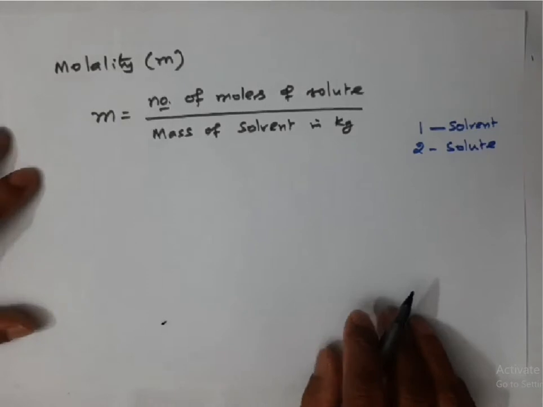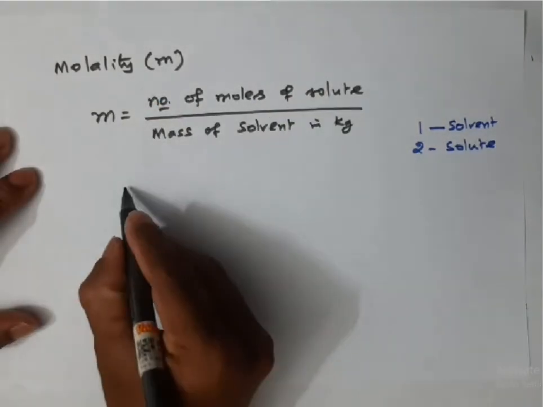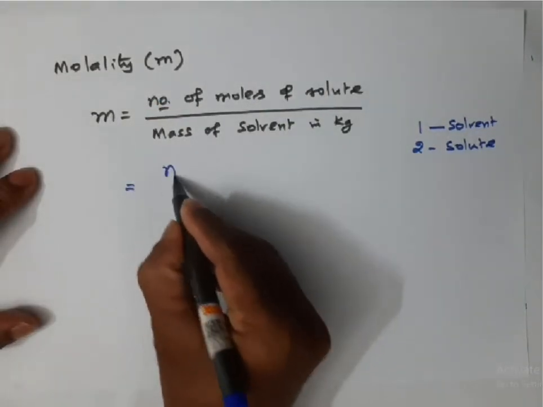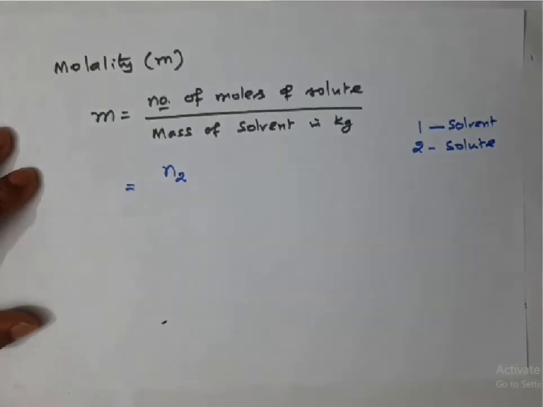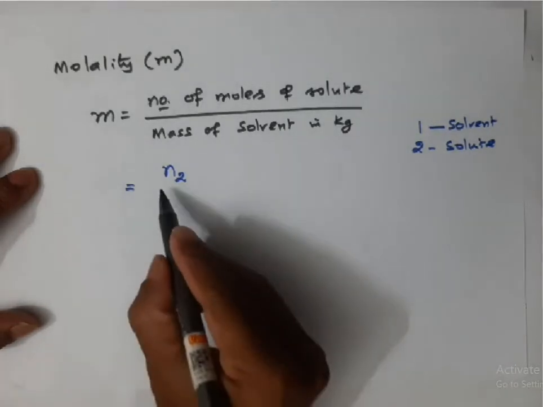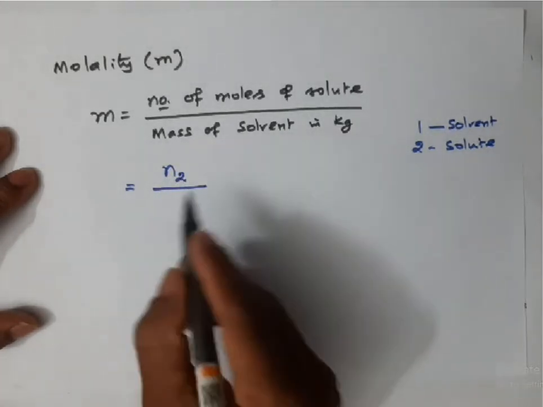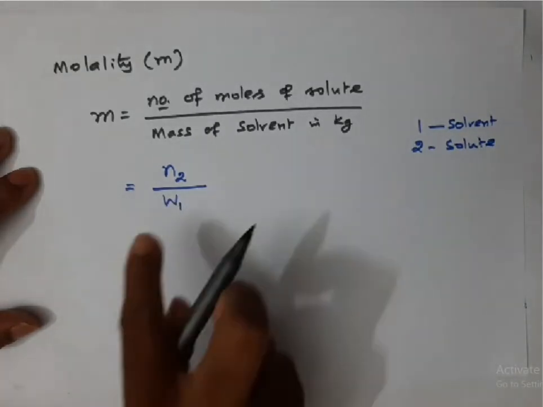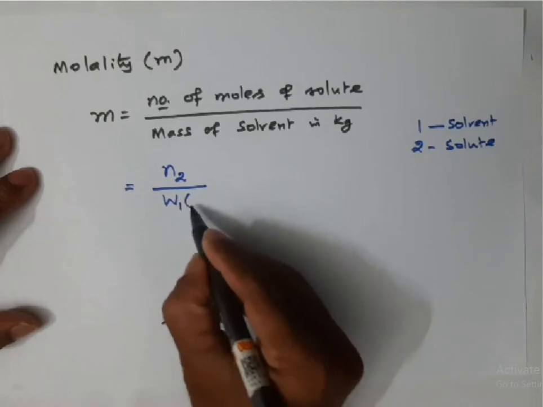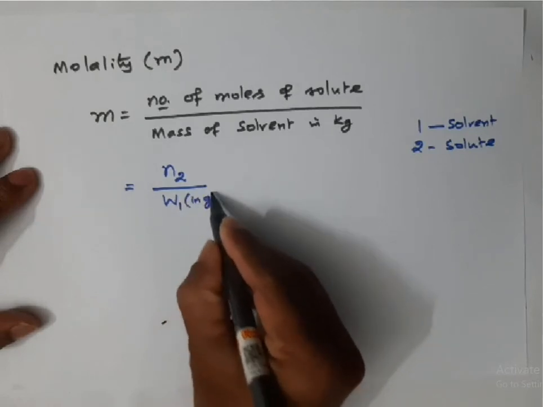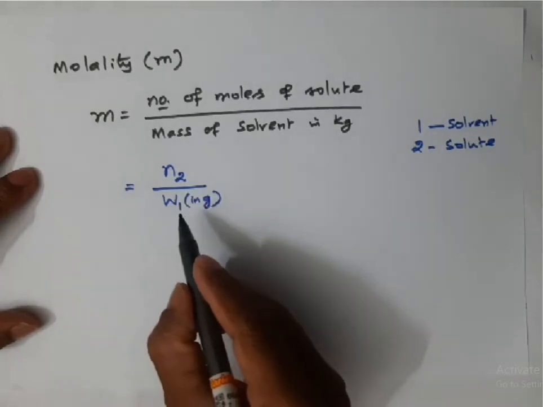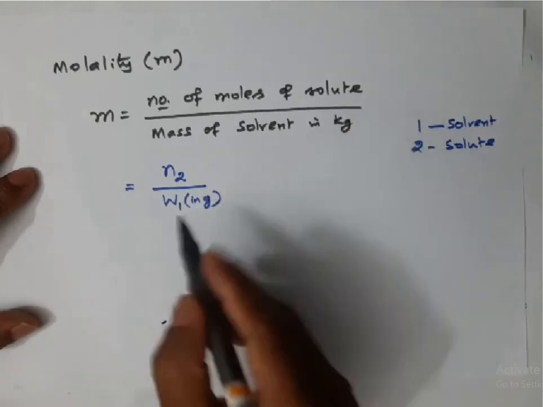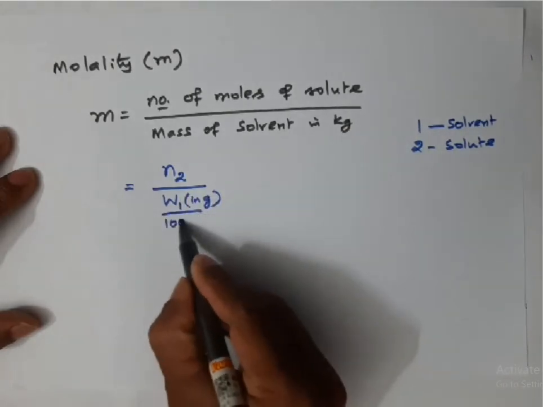So number of moles of solute can be written shortly as N2, divided by mass of solvent. I'll write mass of solvent as W1. W1 is mass of solvent in grams. Students, observe this carefully, in gram. If you want to convert this into kilogram, you have to divide this value by 1000.